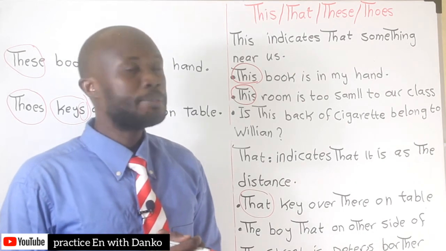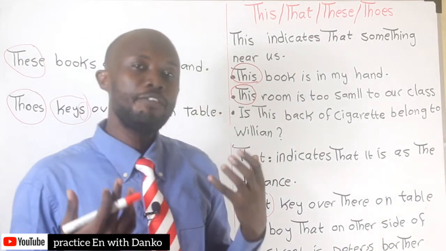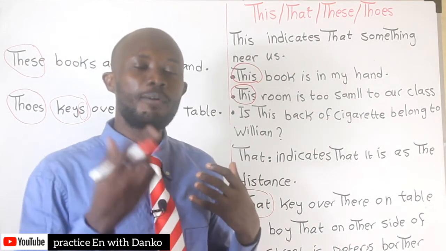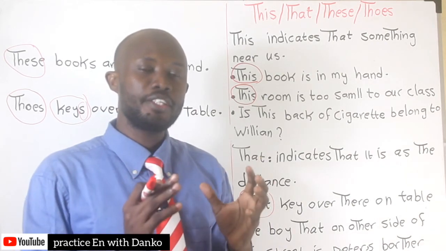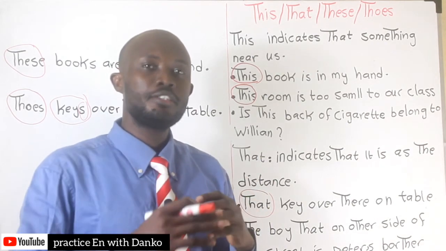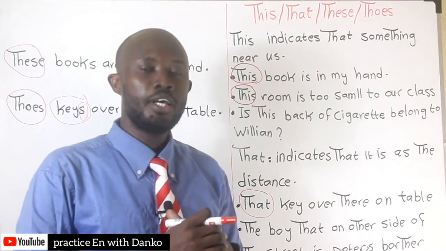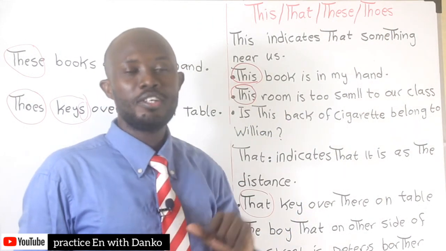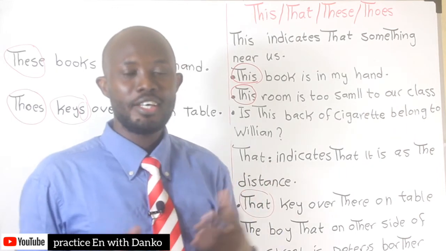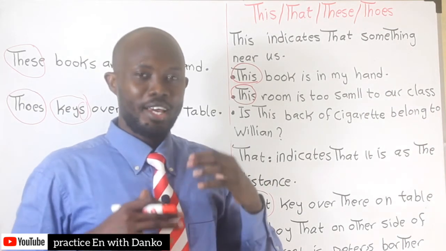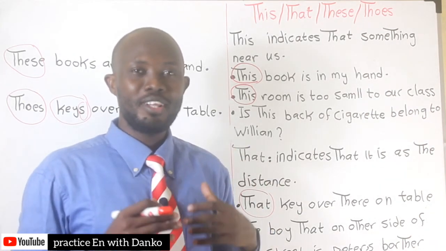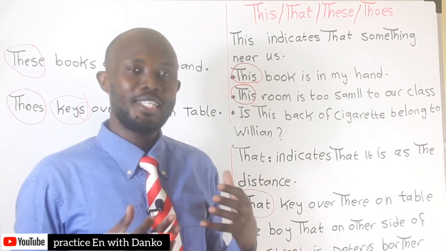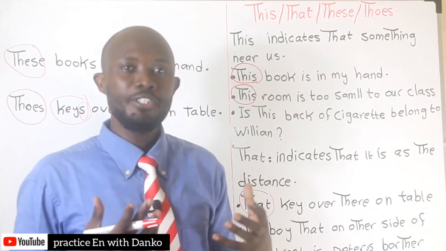Okay, good. So if you want to indicate or point to plural things, but these things are far away from you, please use those. Okay, it's very simple, but I know there are a lot of people who speak English very well, but sometimes they feel confused.